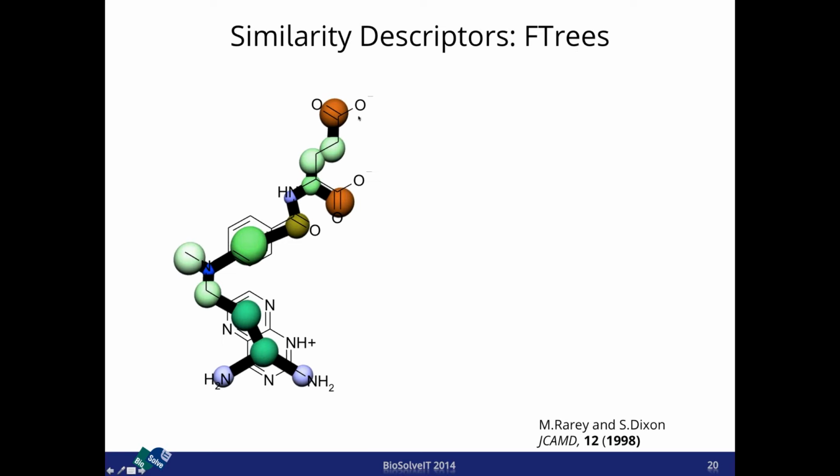So what happens is we abstract this entire molecule in terms of a tree, and we see that terminal atoms actually collapse to the atoms that they are bonded to, which means the carboxylate function here essentially just results in one blob. This oxygen and this oxygen are merged into the carbon function that they are bonded to. So you see that essentially this tree follows the shape of the 2D depiction of the molecule.